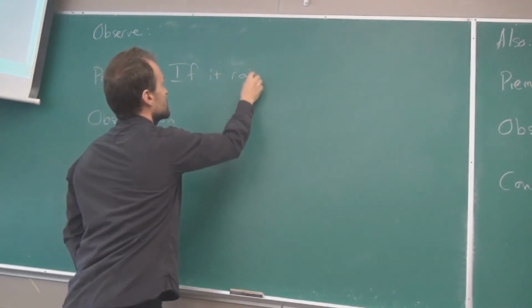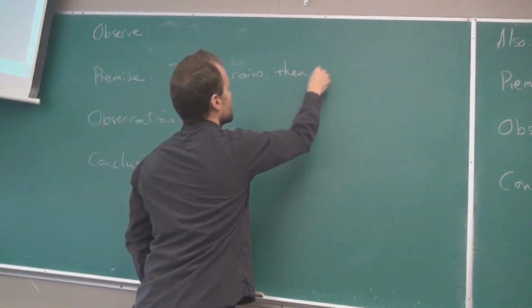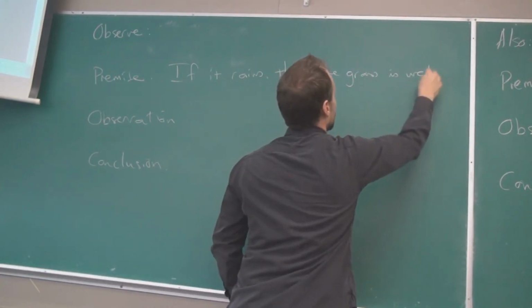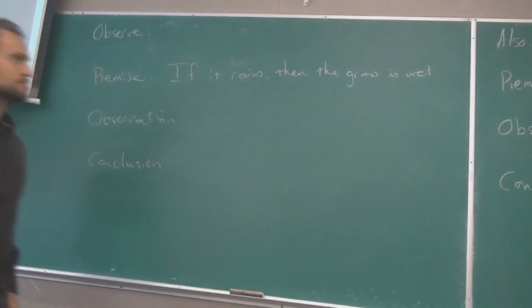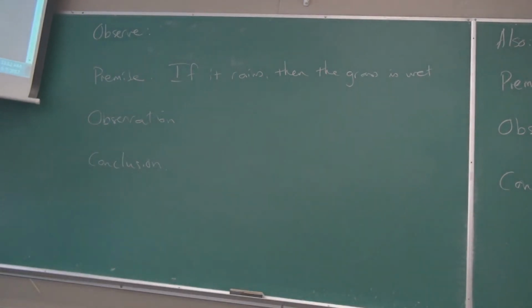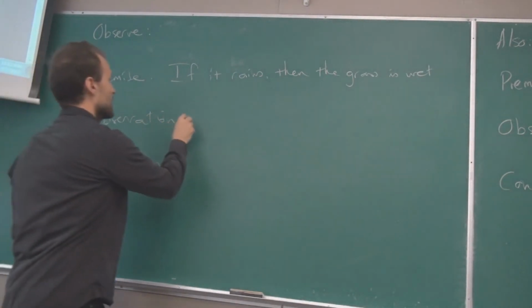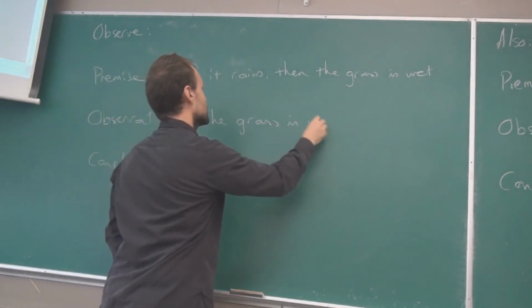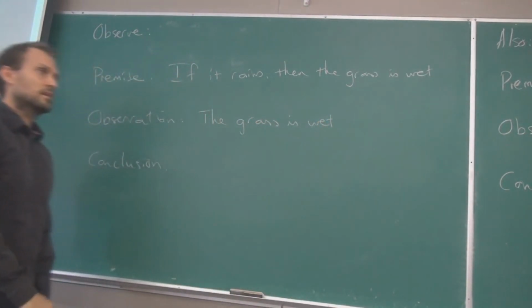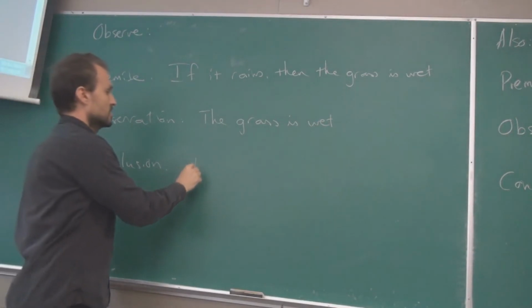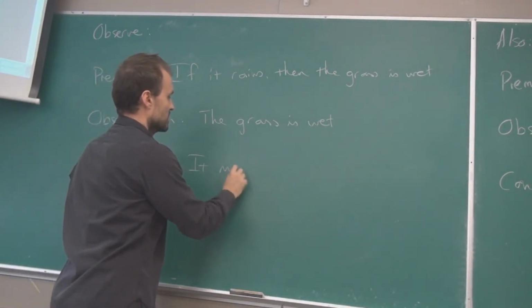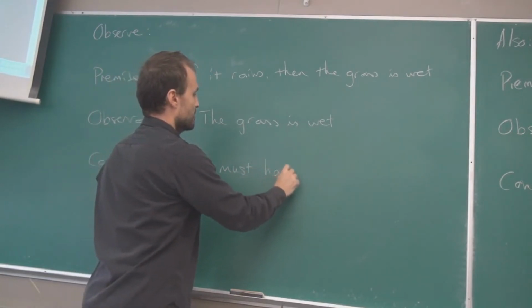If it rains, then the grass is wet. Now you look outside and you see the grass is wet. And you make the conclusion, I'll say it like this, that's you, it must have rained.